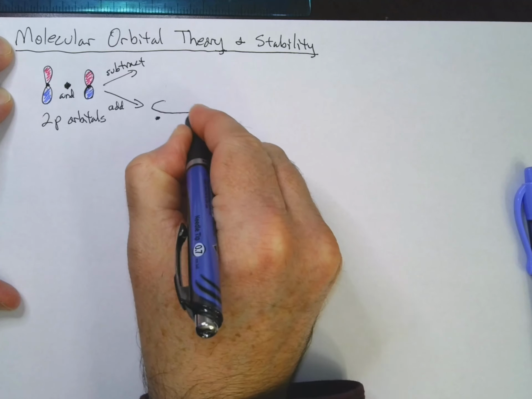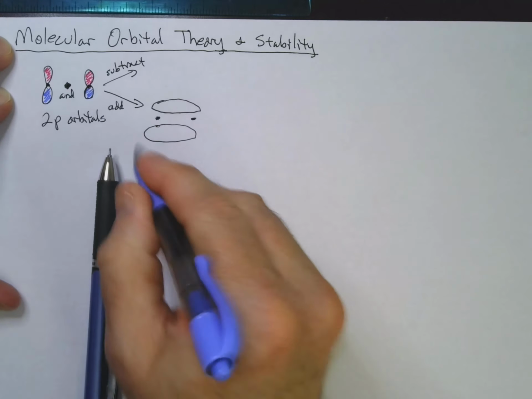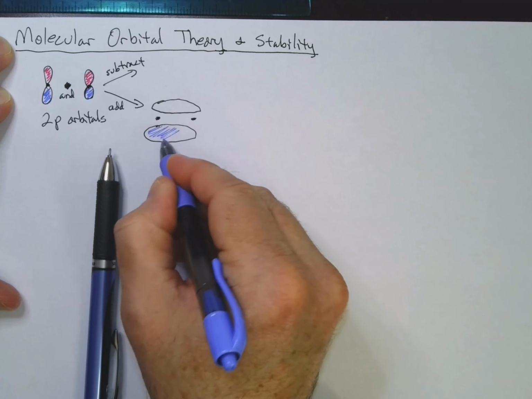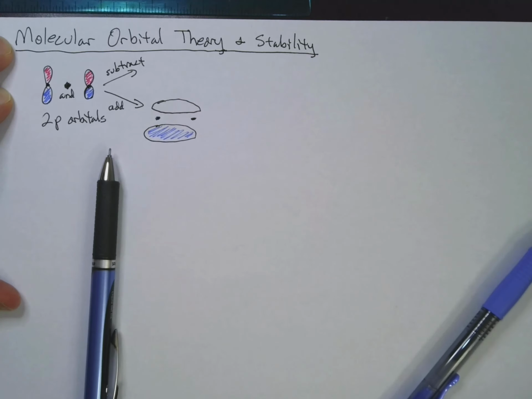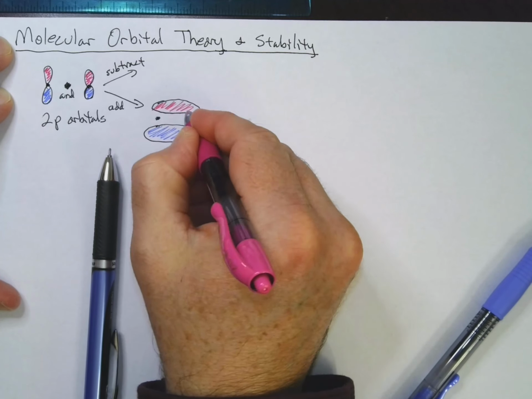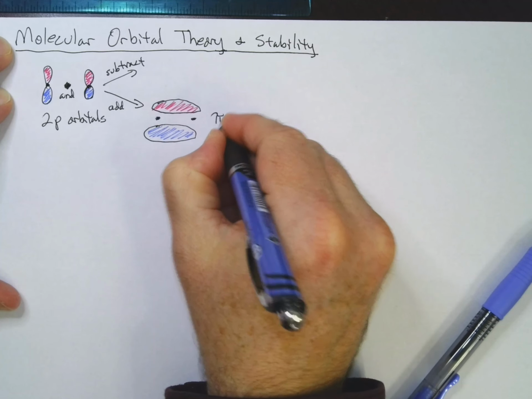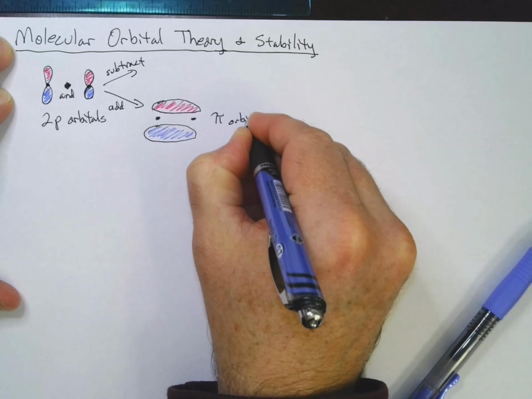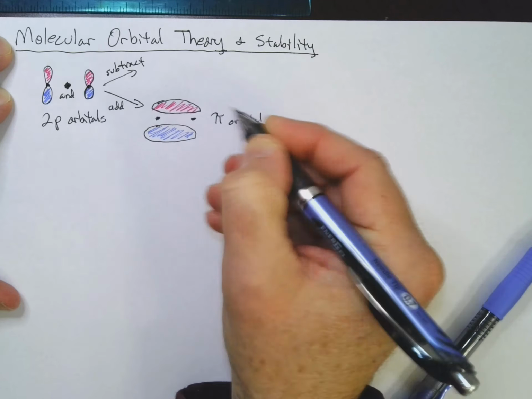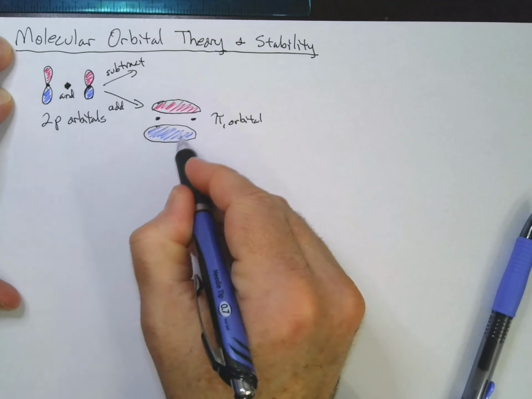If we add them, we'll get our pi system. So this is a pi orbital. So we might just call it pi 1. Okay, so this is a molecular orbital.